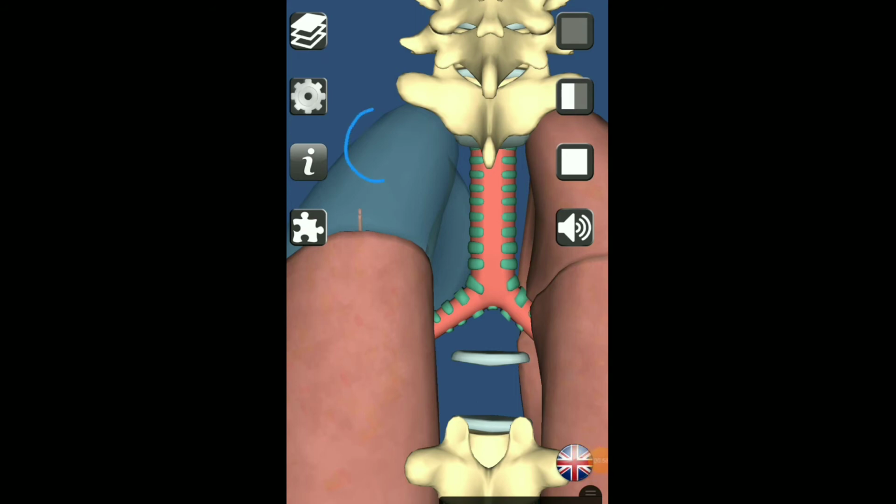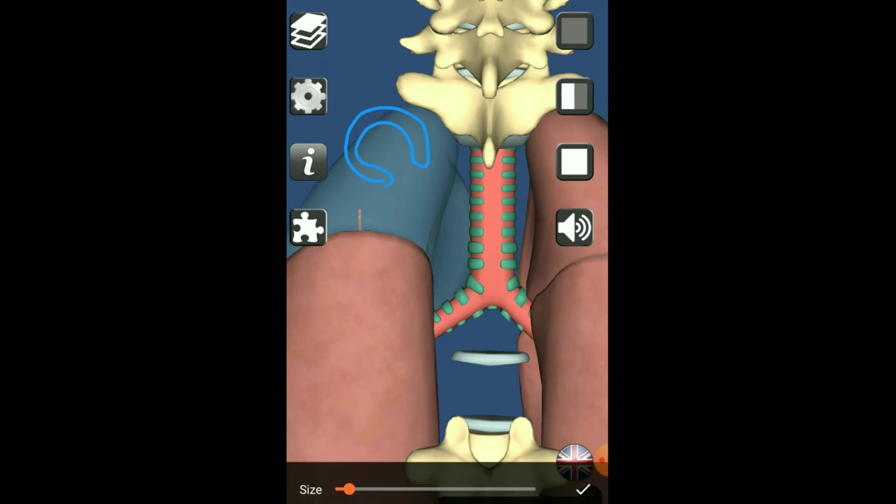So if this is a cartilaginous ring, then on the posterior side you are having no cartilaginous ring, but you are having some transversely arrayed smooth muscle cells. These transversely arrayed smooth muscle cells devoid of cartilage are called trachealis.